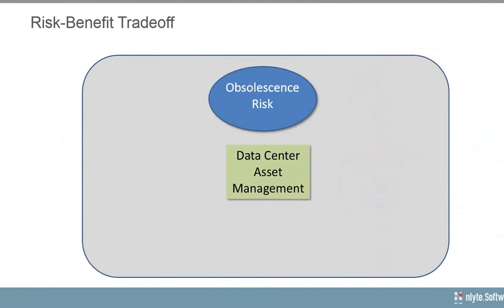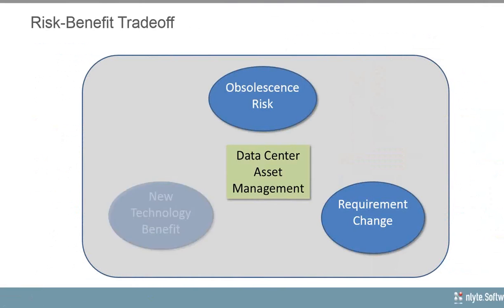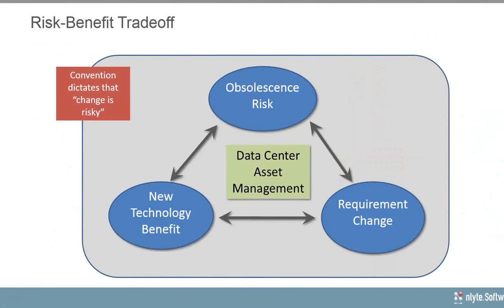Is there a risk of having obsolete equipment? Are there requirements for the change that are not very well documented, or you think they are, but maybe they're not put into a process flow? And the other thing to balance is, will I get a significant enough benefit from the technology? So the interplay between each of these things is what's considered.